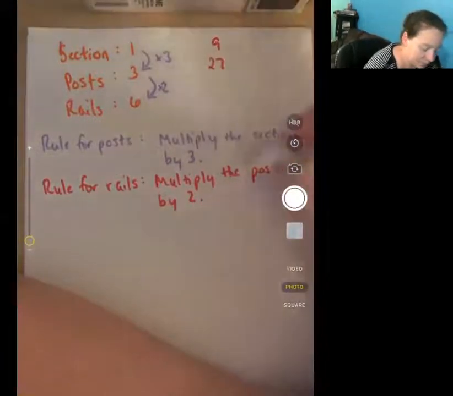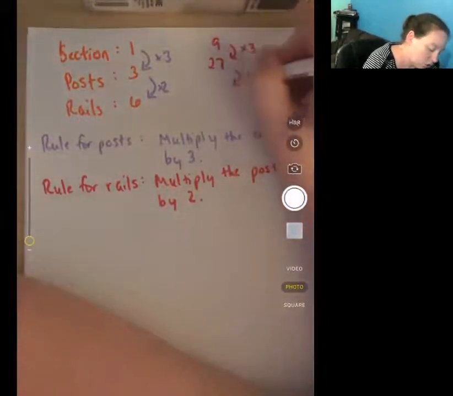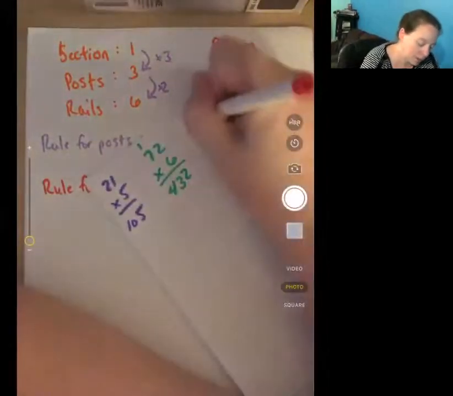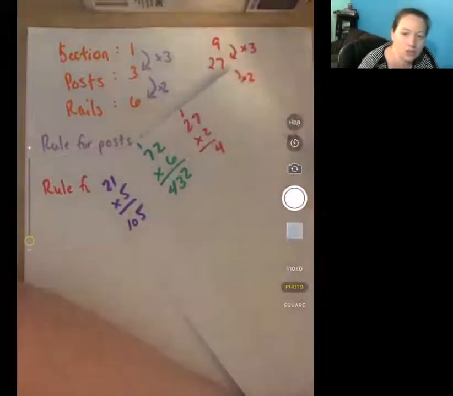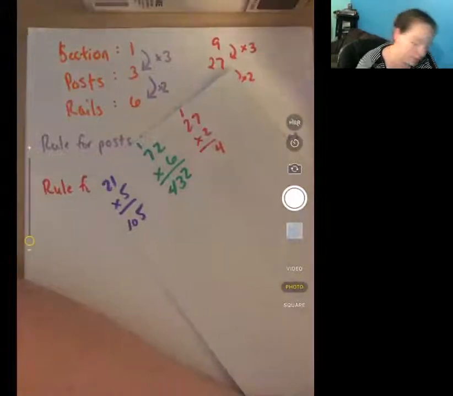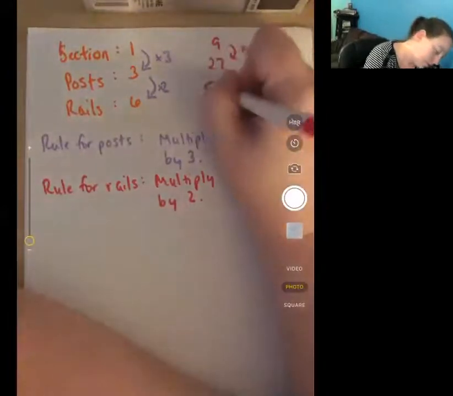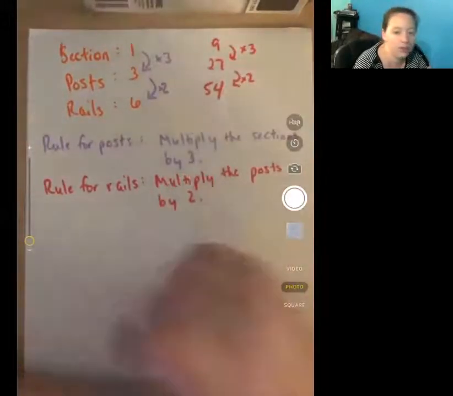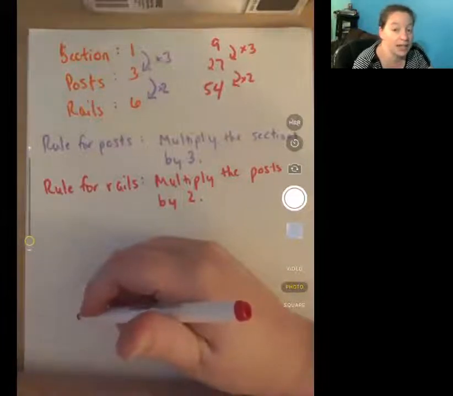And then 27 times 2, 7 times 2 is 14, 2 times 2 is 4, plus 1, 5, 54. So we fill in the blank with a 54. So the ninth section has 27 posts and 54 rails.